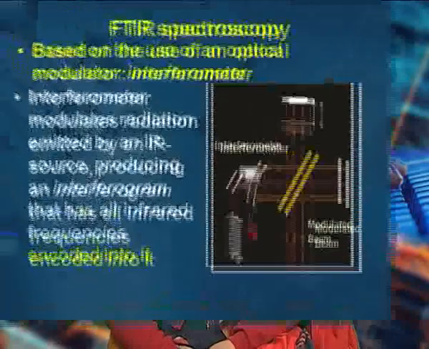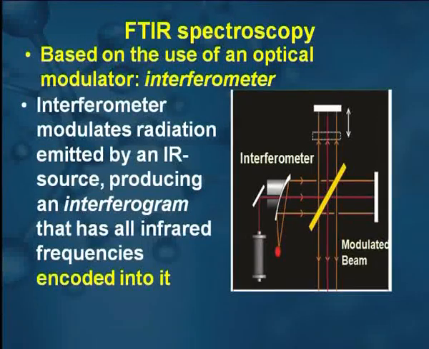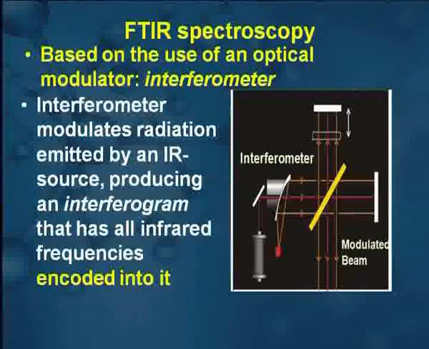How does FTIR spectroscopy work? It's based upon an optical modulator, so it is called the interferometer. The interferometer modulates radiation emitted by an IR source and produces an interferogram that has all the infrared frequencies encoded into it. On the right hand side we are seeing the diagram. Here the light falls upon a sample, and then we get the output.